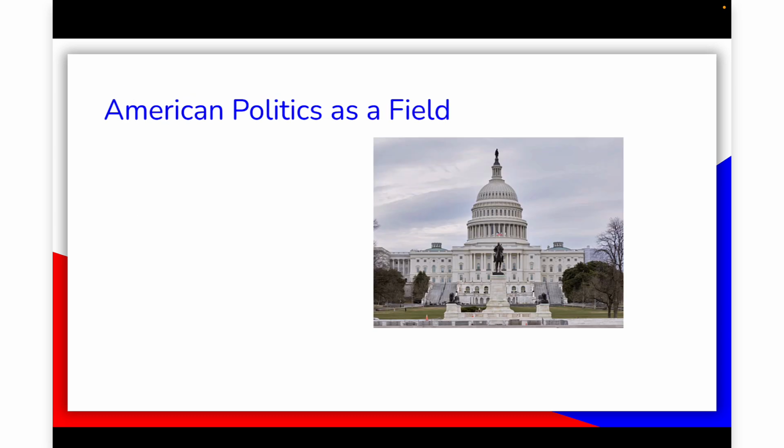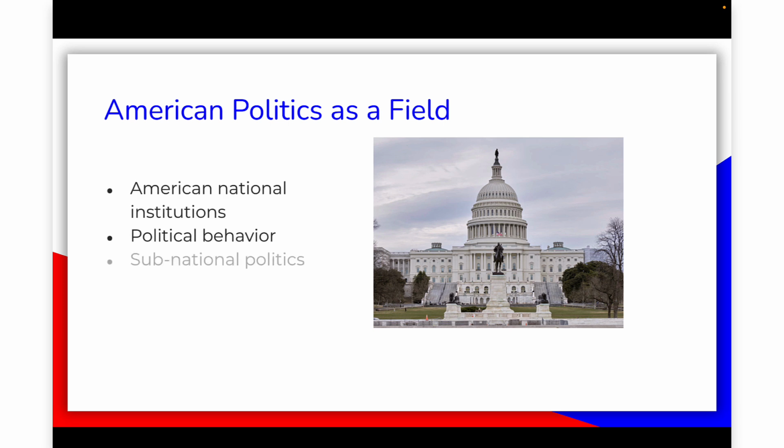Okay. Now, the next thing that I want to jump into is the subfields. So there are 3 subfields, and we're going to do American politics first. This is the field that I work in, and it is typically American national institutions, and that means Congress, the presidency, and the Supreme Court.